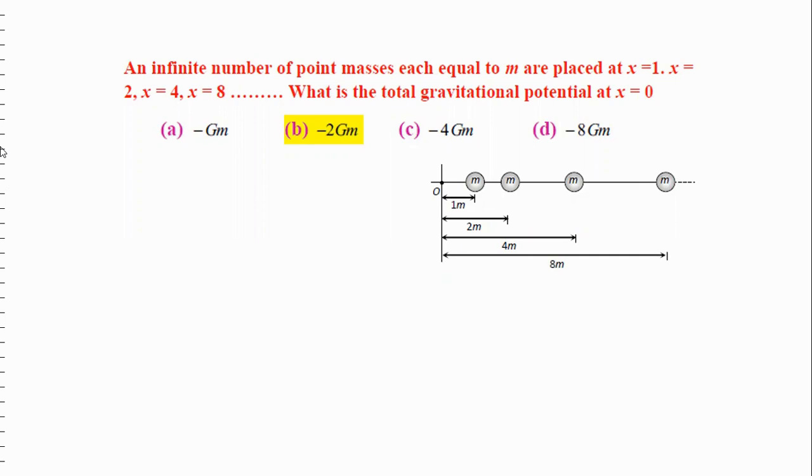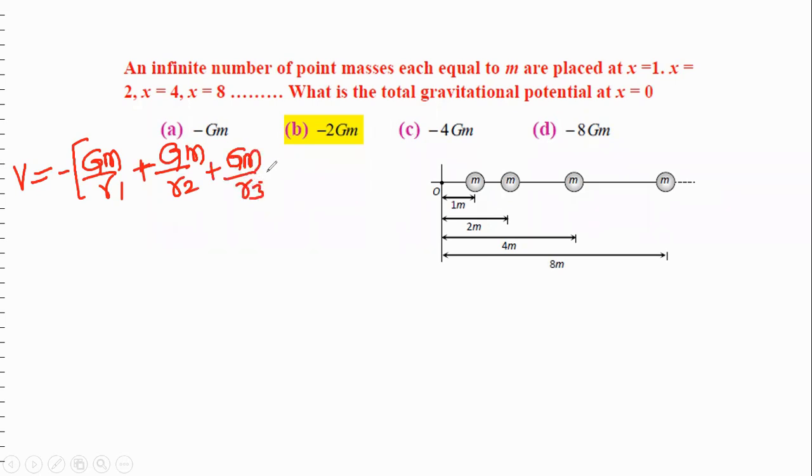Then to calculate it, what is the gravitational potential they have asked? So gravitational potential V is equal to minus Gm divided by R1 plus Gm divided by R2 plus Gm divided by R3, and so on.